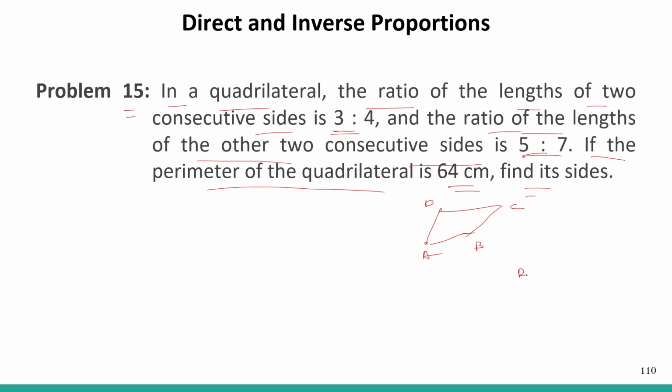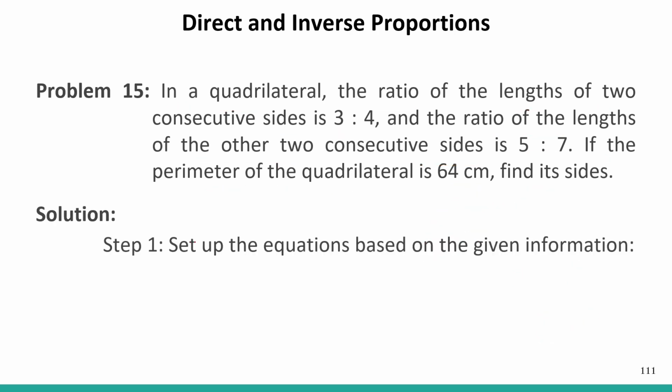So AB by BC is equal to 3:4 is given, and the ratio of the lengths of the other two consecutive sides, so CD by AD, is equal to 5/7 is given here. So if the perimeter of the quadrilateral is 64 centimeter, then find its sides.